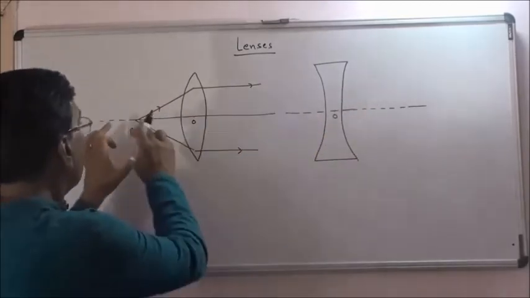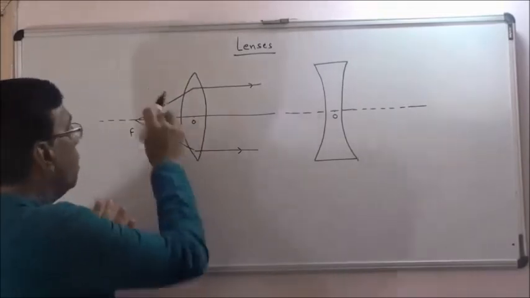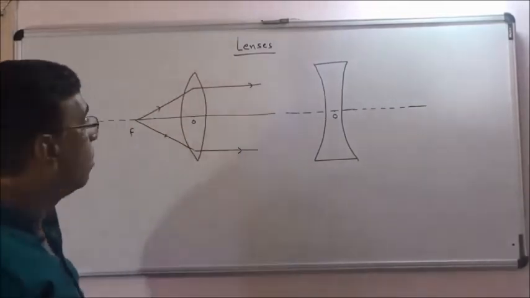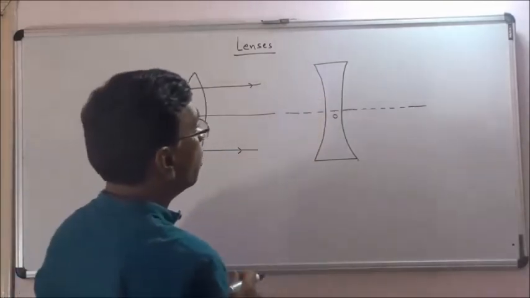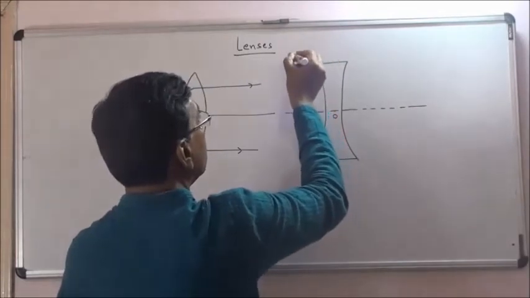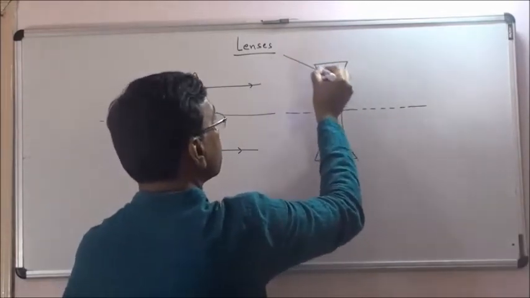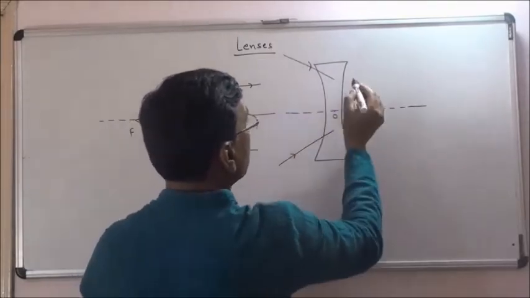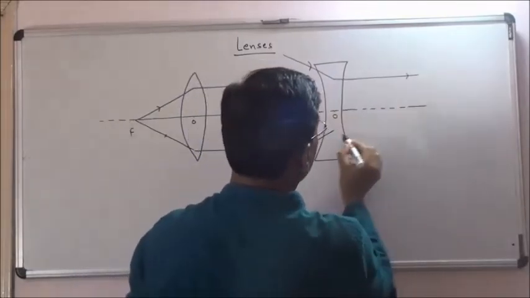Same way, what it is doing is that if the object is kept here, the rays will become parallel. What about concave? When will the rays be parallel? It is a diverging lens. Suppose the rays are going, it will diverge them.